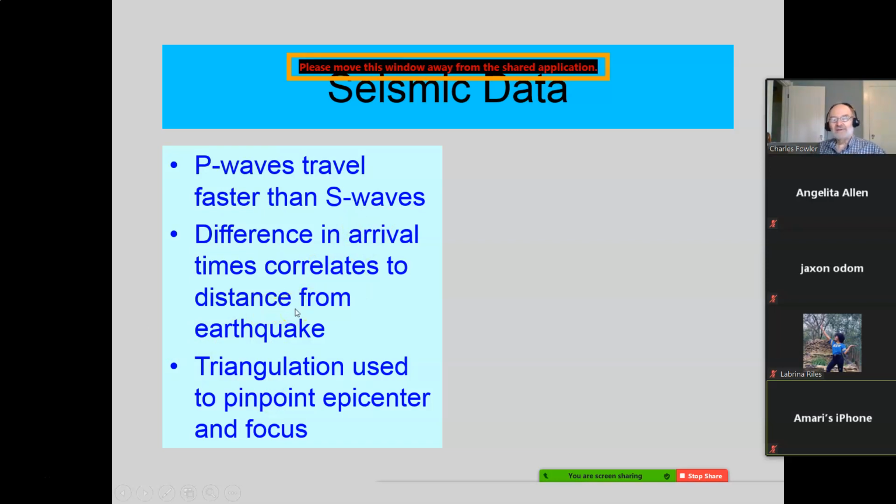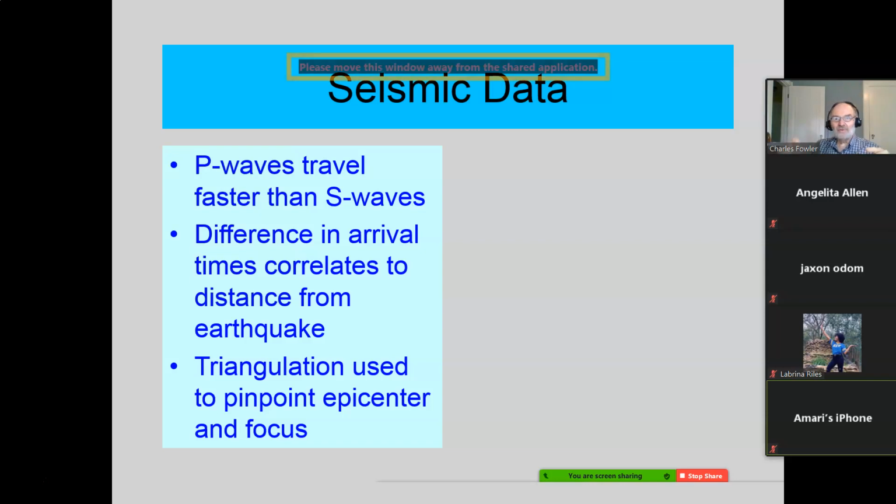Same thing here. The difference in the arrival times between the P waves and the S waves tells you how far away that earthquake was. Now, it doesn't tell you where it was, it just tells you how far those waves traveled.